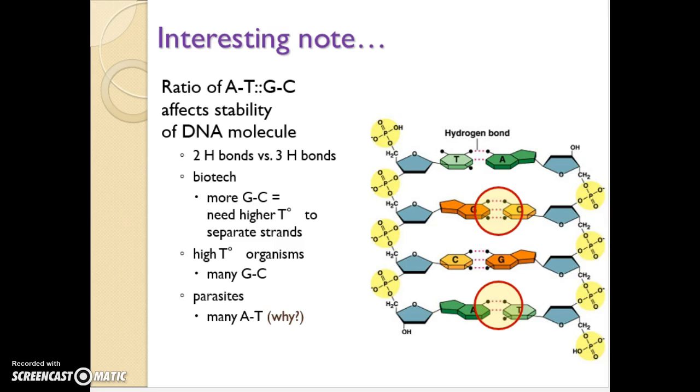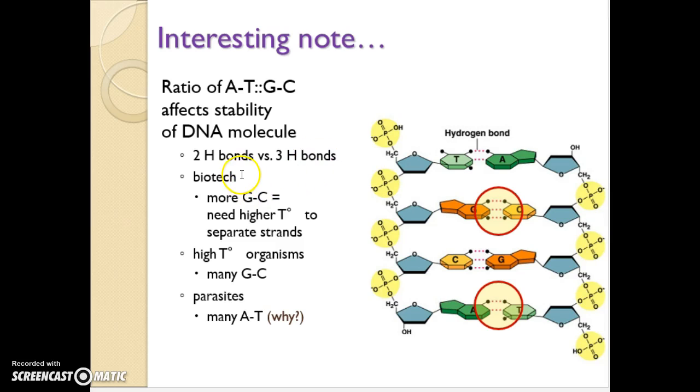A couple interesting side notes is that the ratio of the A to T and G to C affects the stability of a DNA molecule. And what that means is that having 2 hydrogen bonds versus 3 hydrogen bonds, it makes sense that there's going to be different energy requirements to break those apart.